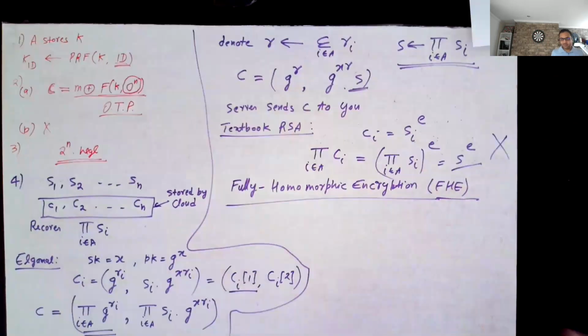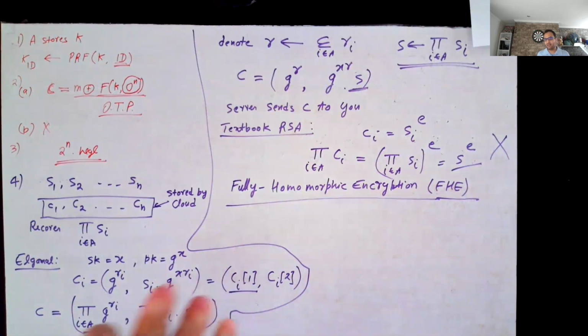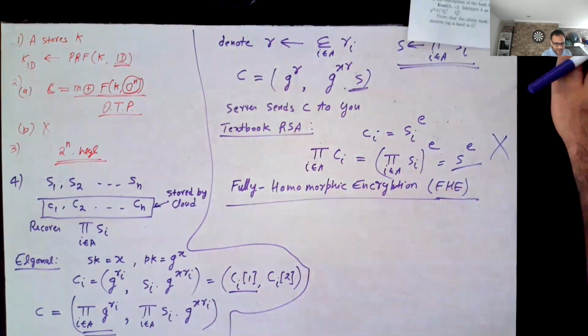So here I was able to take several ciphertexts having several messages and multiply these messages. Can you add messages? Turns out in ElGamal we don't know how to add messages, right?